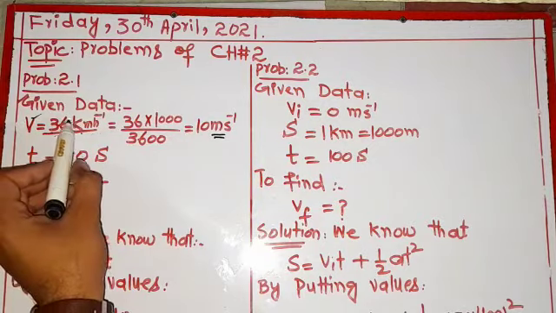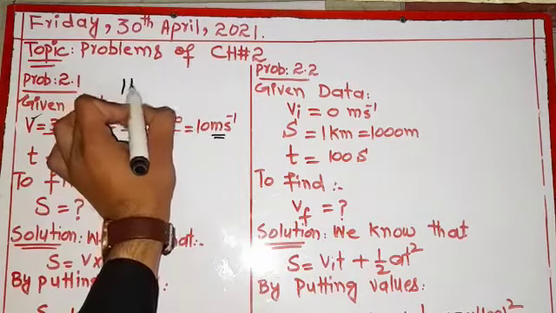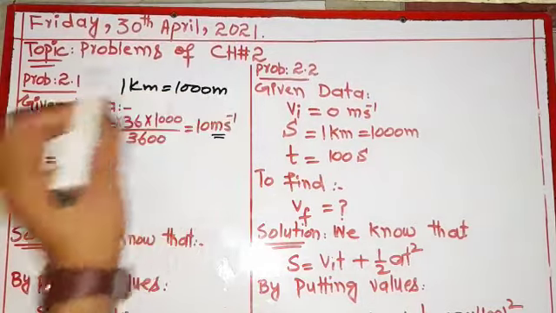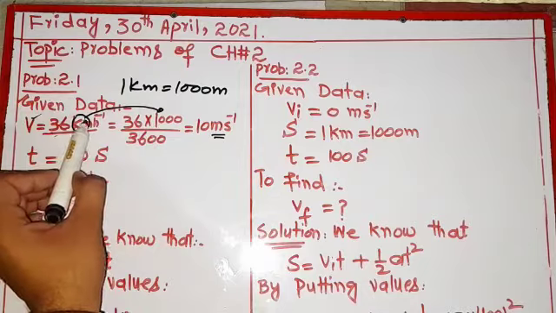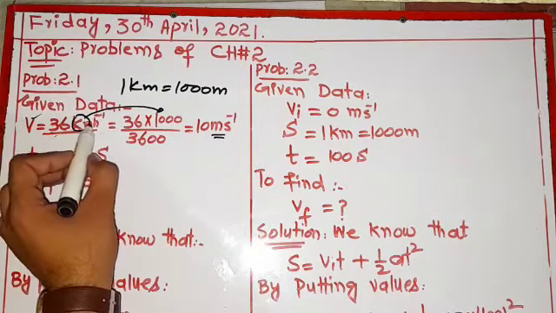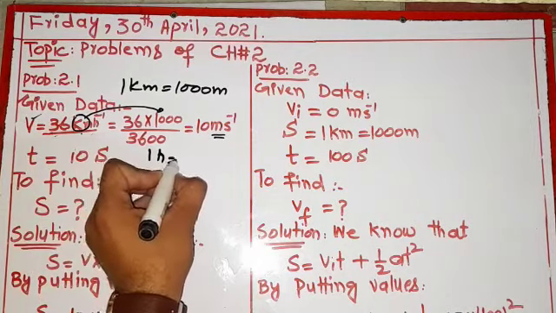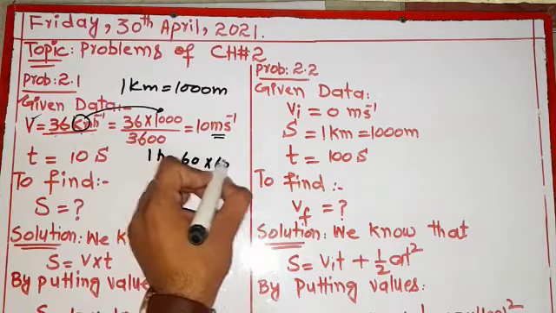As we know that 1 kilometer is equal to 1000 meter, we will multiply it by 1000. As you can see, it is per hour, and 1 hour is equal to 60 minutes and 1 minute is equal to 60 seconds.